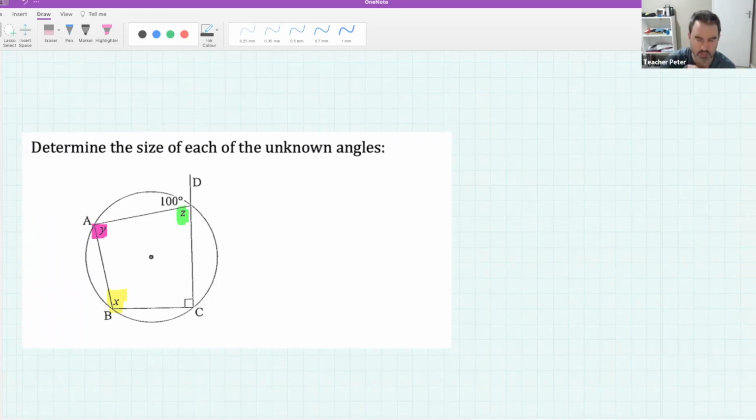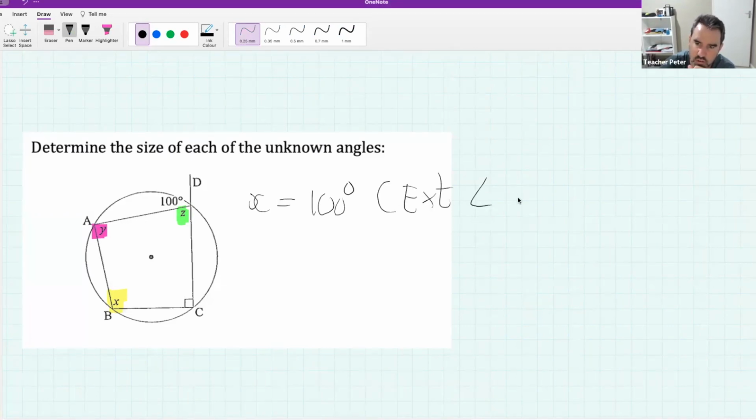Okay. So all we need to do in this case is, so X is going to be equal to 100 degrees, and the reason is going to be exterior angle cyclic quad. And then Z, you have a choice.